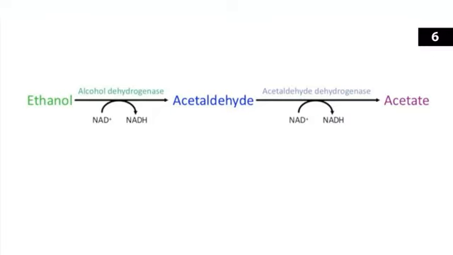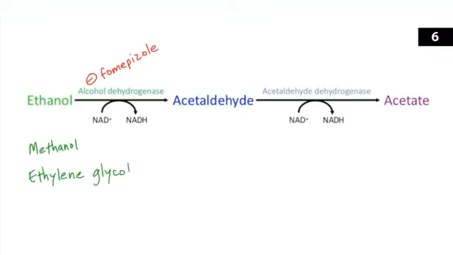The first enzyme, alcohol dehydrogenase, is inhibited by a drug called fomepizole. Fomepizole is used to treat methanol poisoning and ethylene glycol poisoning. The second enzyme, acetaldehyde dehydrogenase, is inhibited by a drug called disulfiram, which we use to treat alcoholism.